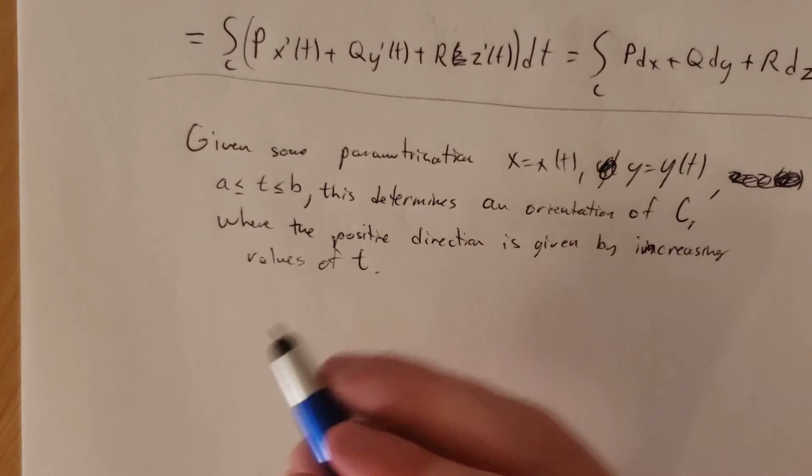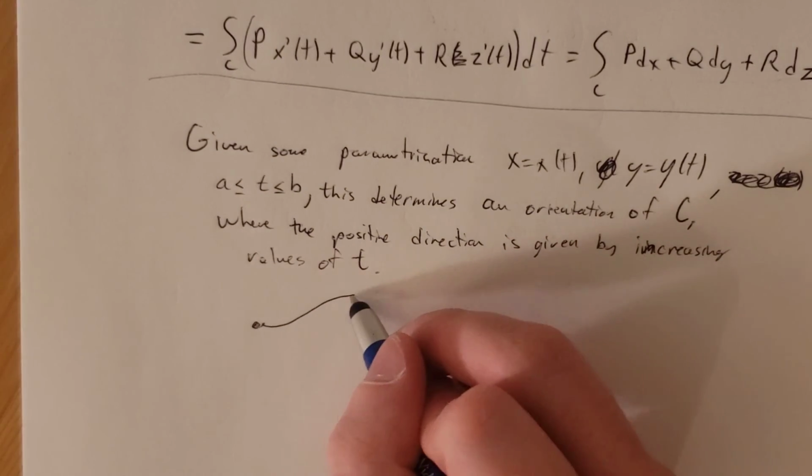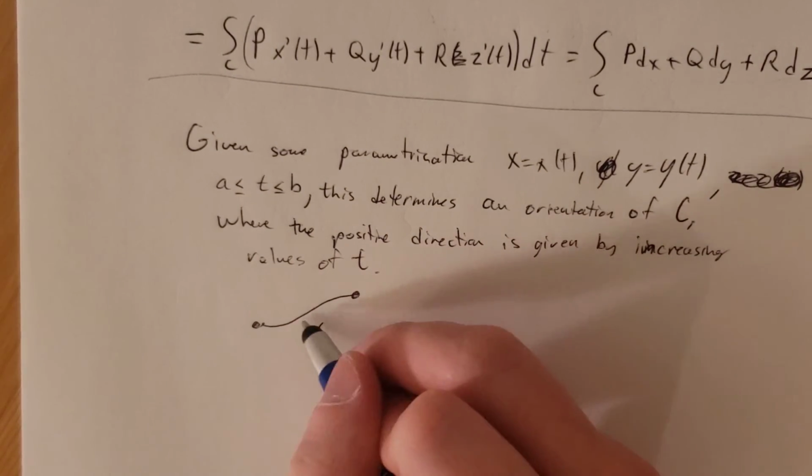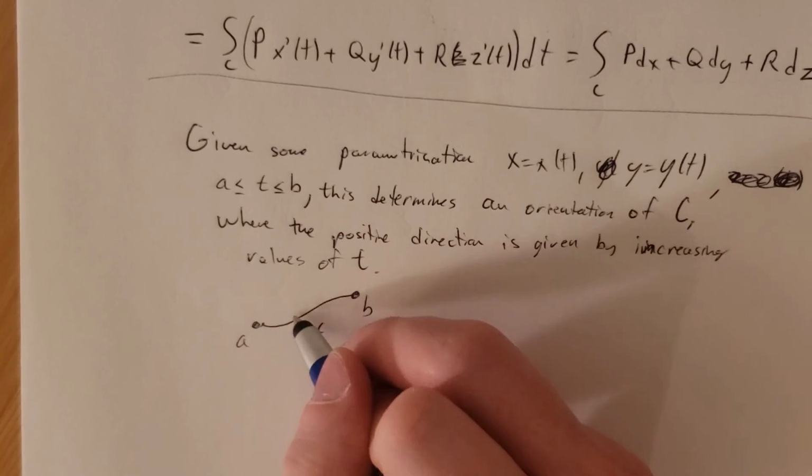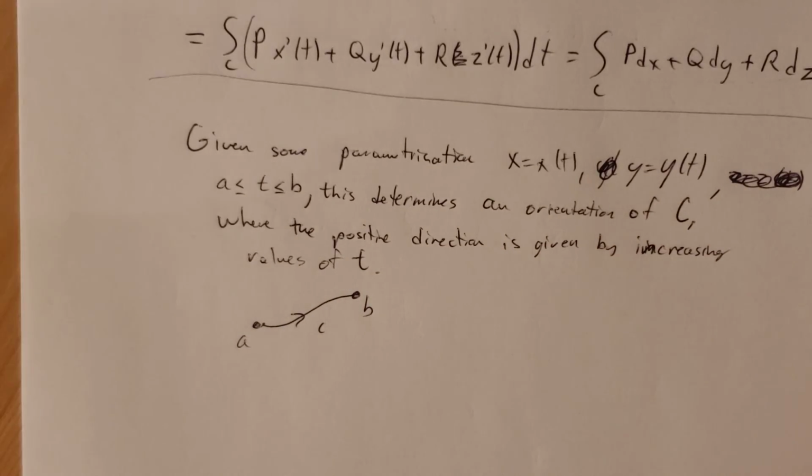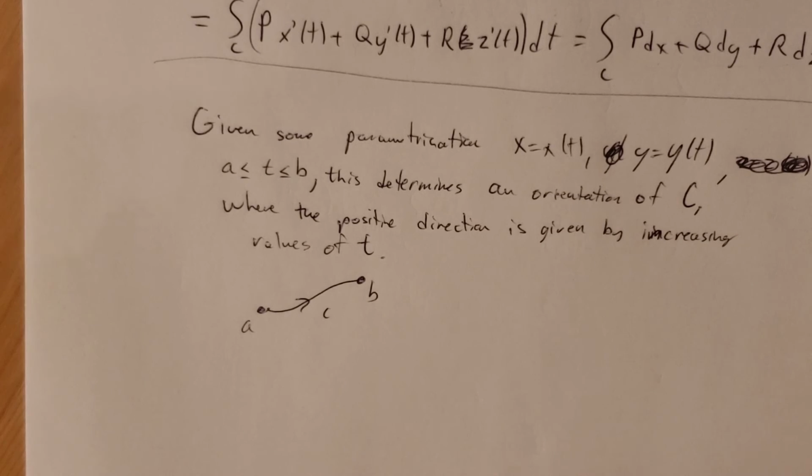All right. So, for example, if I draw a picture here, so some curve C, and we go from A to B, then this implies that we are moving in this direction here.